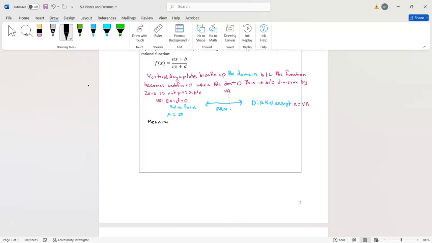In our meaning statement, we know that as the input, whatever that input is, approaches whatever the vertical asymptote value is, the function or the output gets either really large or really small.